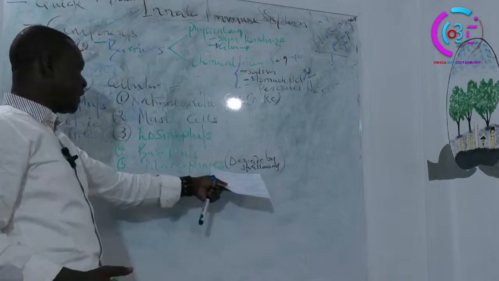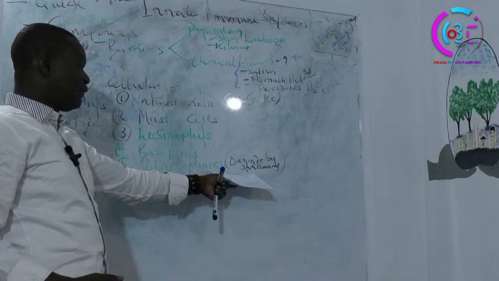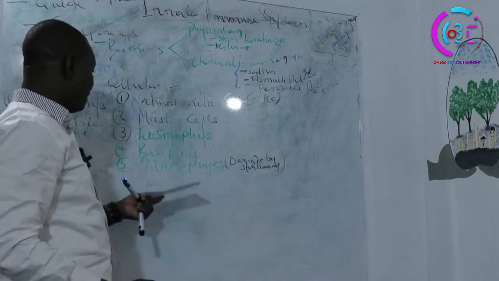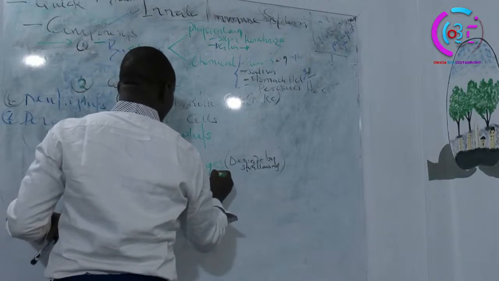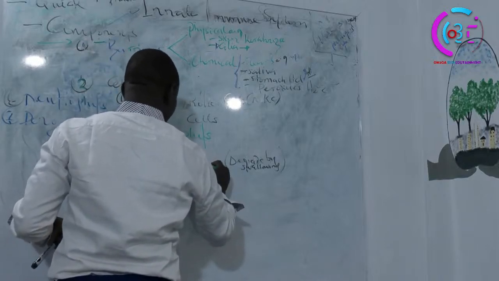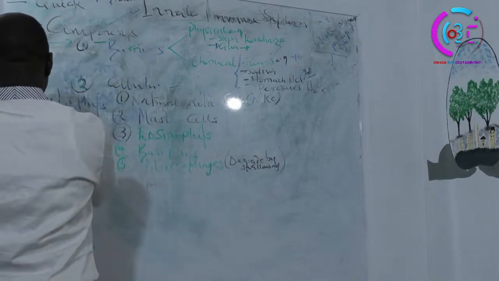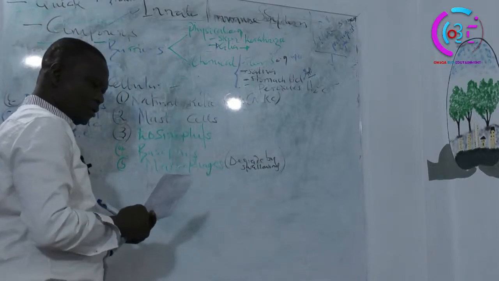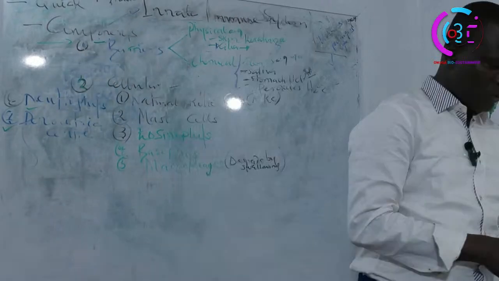I told you that macrophages are professional phagocytes that degrade foreign compounds or foreign antigens by swallowing. And the last one is the dendritic cells. So we are going to look at that.